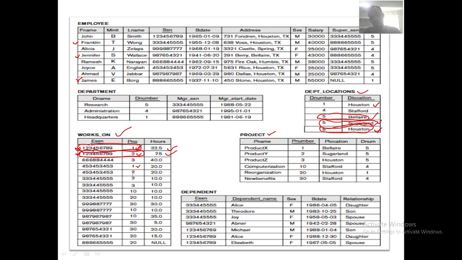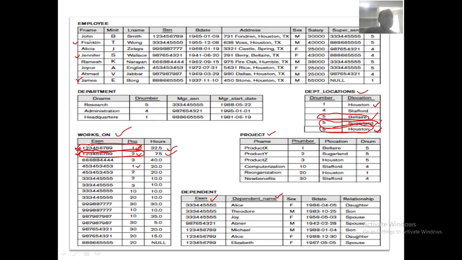Yes, sir. Good. Then dependent. Now this dependent is an entity type. Now see here now, ESSN number and dependent name, these two are primary keys. Now who is this ESSN number? 333445555.